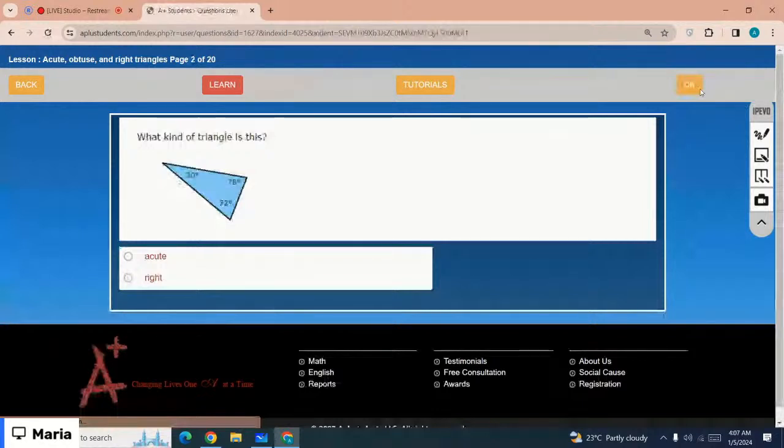What kind of triangle is this? Is it acute or right? Which is the correct option? Just look at the angles, right? The measurements of the angles are 78, 72, and 30 degrees.